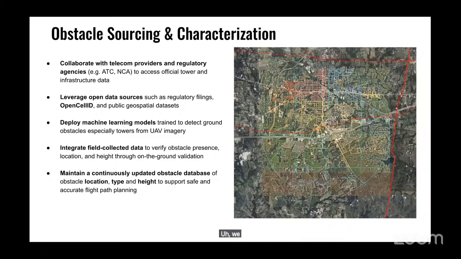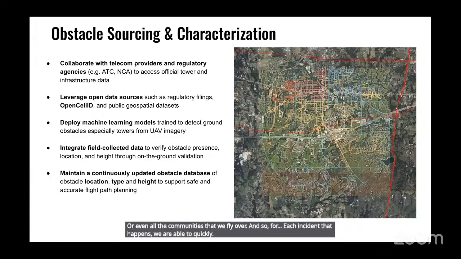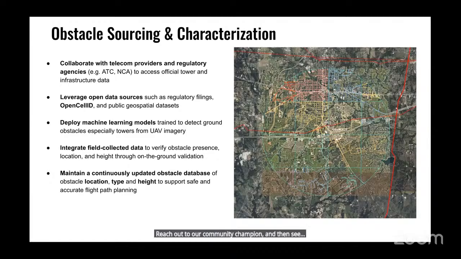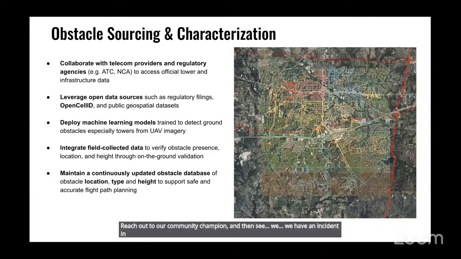We also work with what we call community champions. We've partnered with all the communities that we operate in, or even all the communities that we fly over. For each incident that happens, we are able to quickly reach out to our community champion and say, we have an incident in your location.